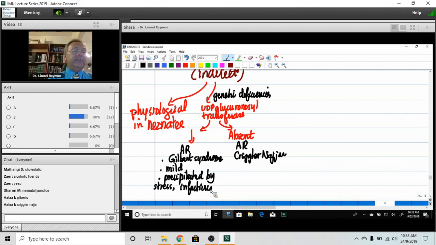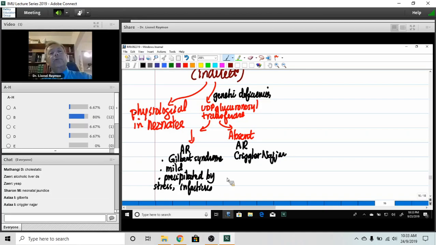For example, physical stress with some myolysis releases some myoglobin and more heme than you can handle. An infection with activities of catalase, peroxidase that are heme-containing, greater activity of splenic macrophages which digest hemoglobin, are going to cause, again, an overweight in heme to be catabolized to bilirubin, and then if you can't conjugate, it'll build up. So you'll see indirect bilirubinemia.